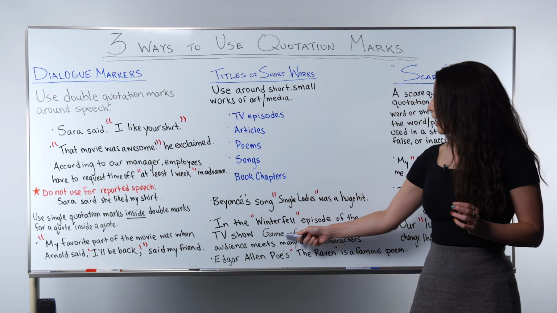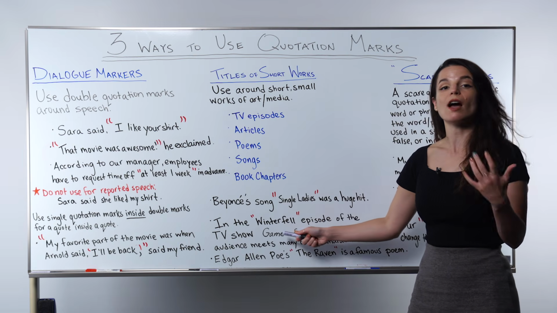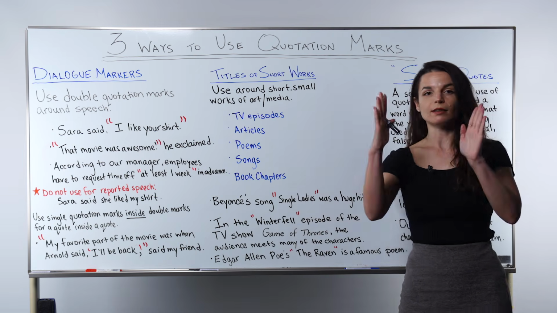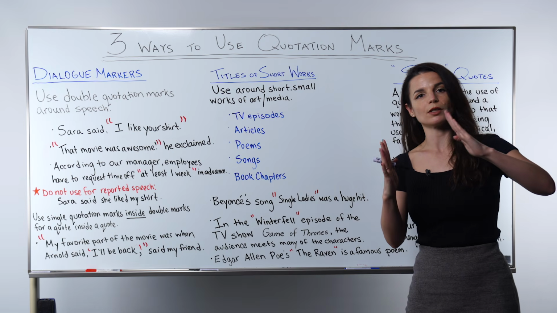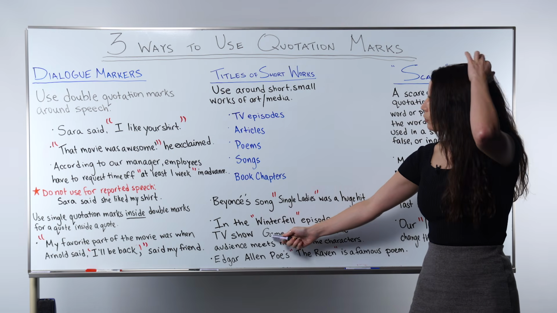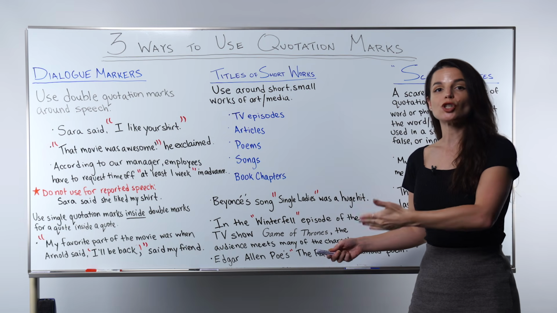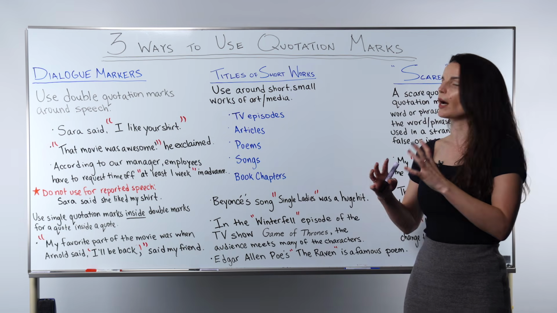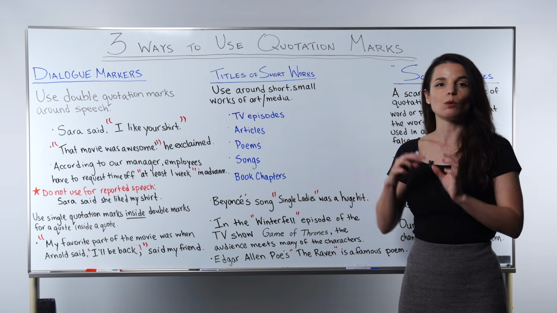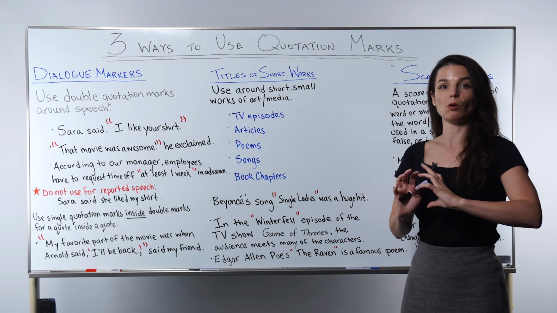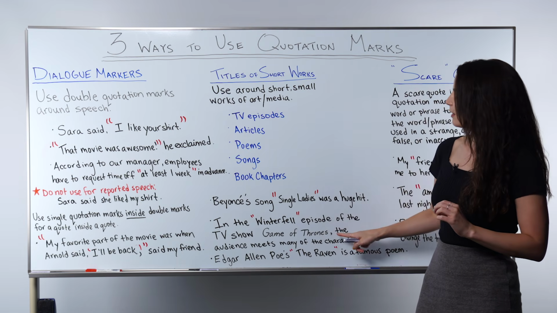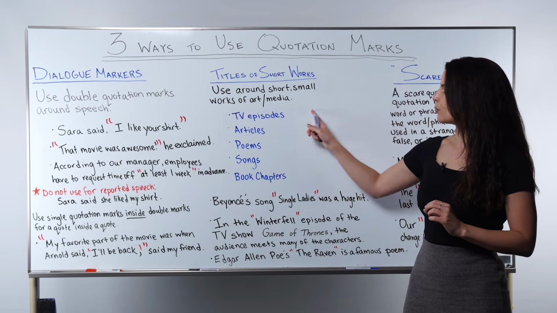This is italic text, or italicized text. It's text that's a little bit at a slant, a little bit tilted. We use this to express the TV show title. This is how we show the hierarchy, which is the big work and which is the small work. The big thing is in italics, the small thing is in double quotation marks.